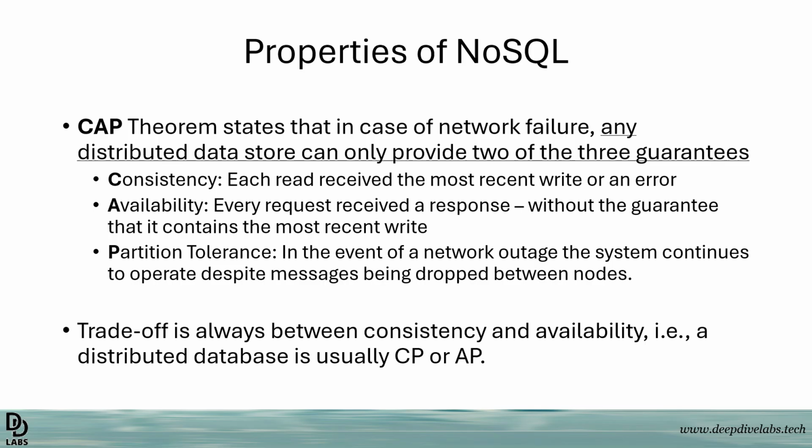Are we going to have the most consistent, most recent data, or should you have the ability to keep your service available? Most often a distributed data store is either CP, consistent and partition tolerant, or AP, available and partition tolerant, but it cannot essentially be both.